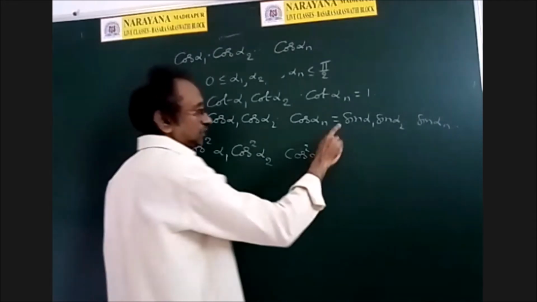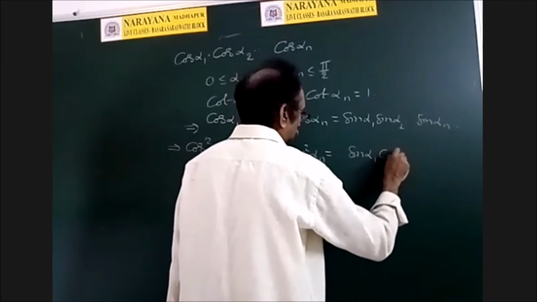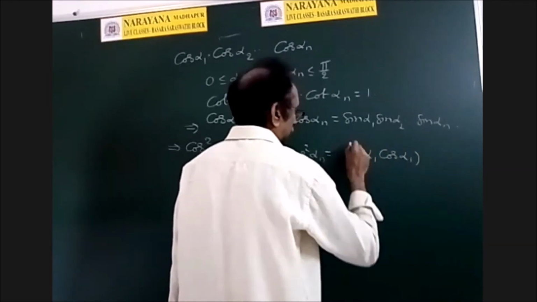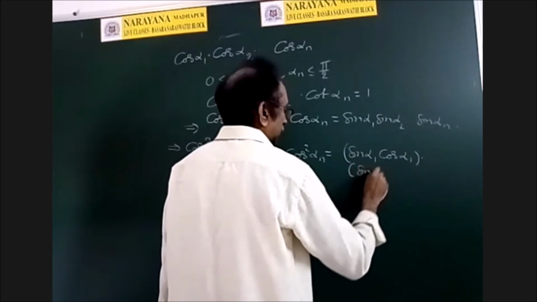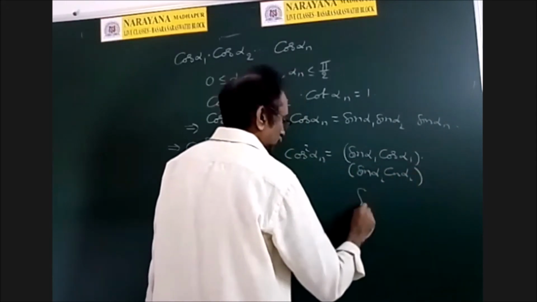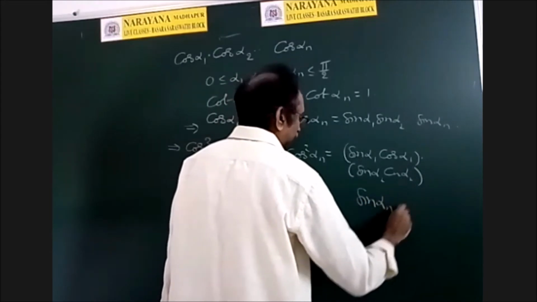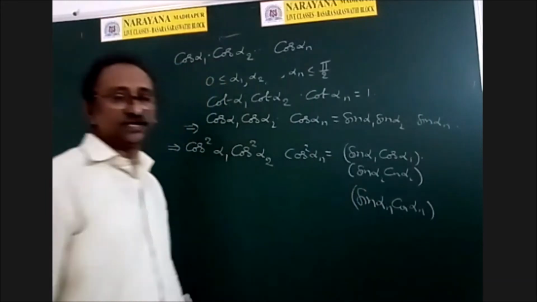I am multiplying with cos alpha 1, so this is sin alpha 1 into cos alpha 1, into next one sin alpha 2 into cos alpha 2, and so on sin alpha n into cos alpha n. So that is the product.